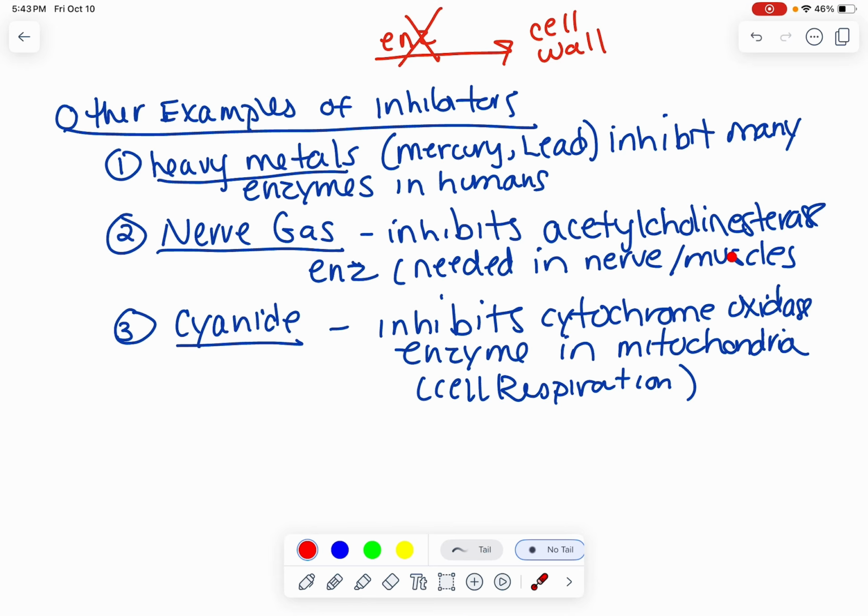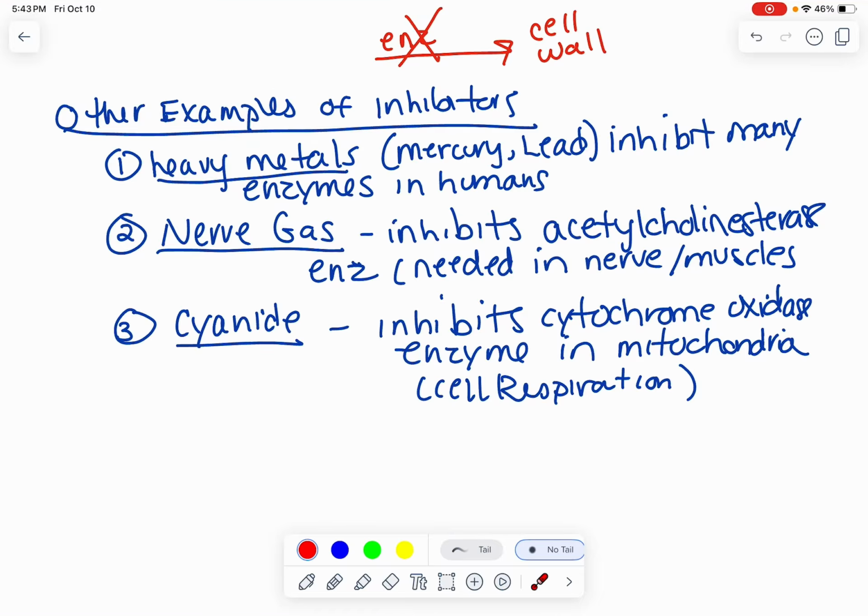So essentially, they would spray this nerve gas, and you'd breathe it in. It would block your nerve and muscles from functioning by being an inhibitor to that enzyme, and that's what killed people.